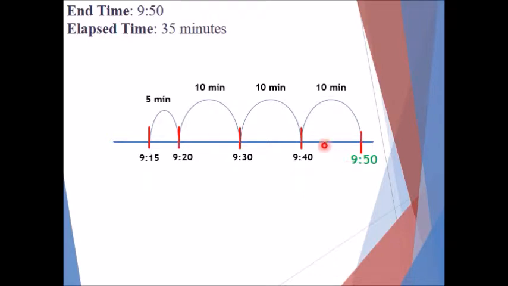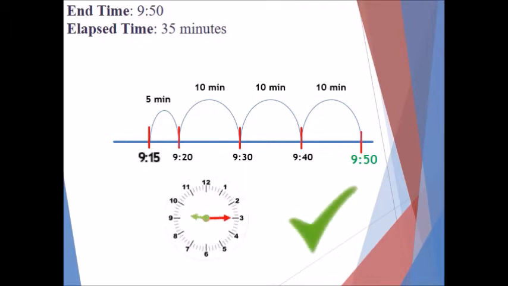So 9:50 and 10 minutes back, it was 9:40. 10 minutes back was 9:30. 10 minutes back was 9:20. 5 minutes back, it's 9:15. So the answer is 9:15, because the jumps end at 9:15. So the start time was 9:15. Same answer we got before.